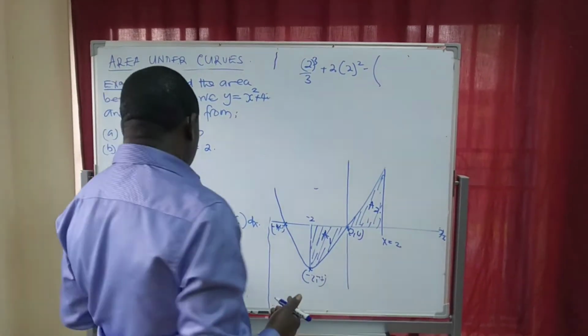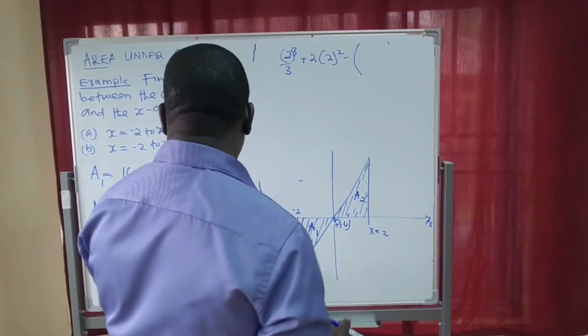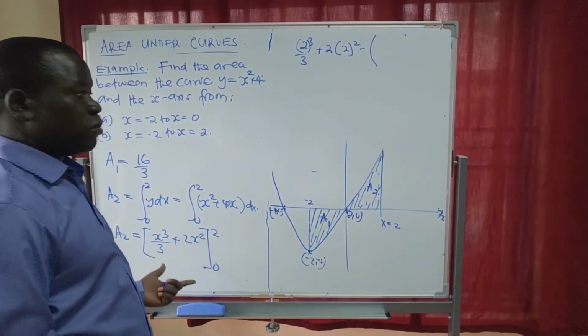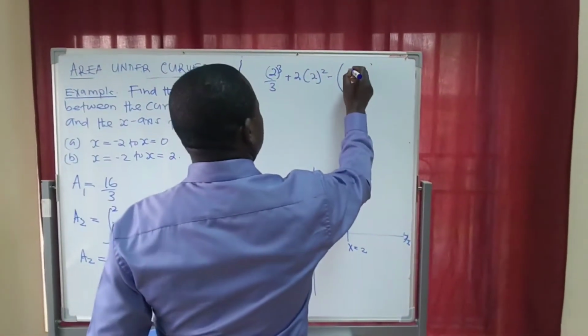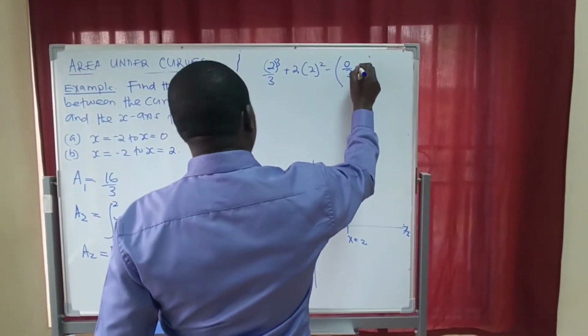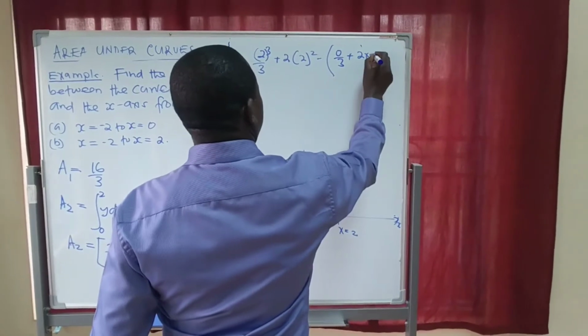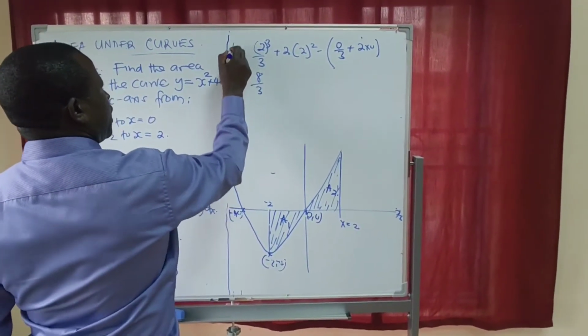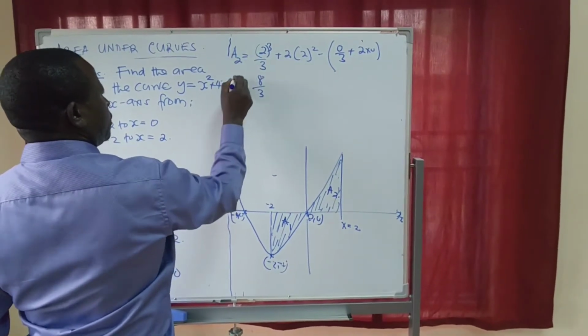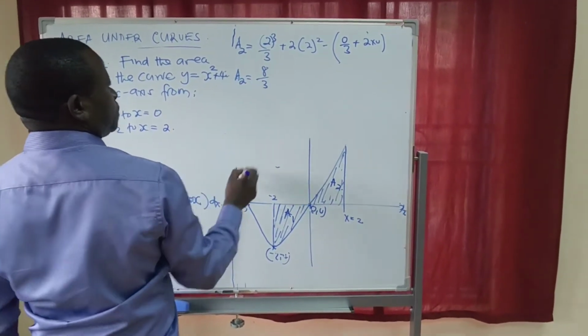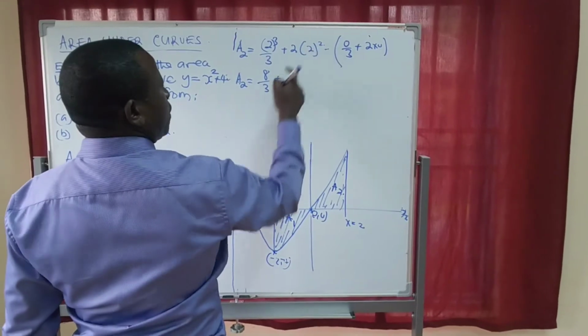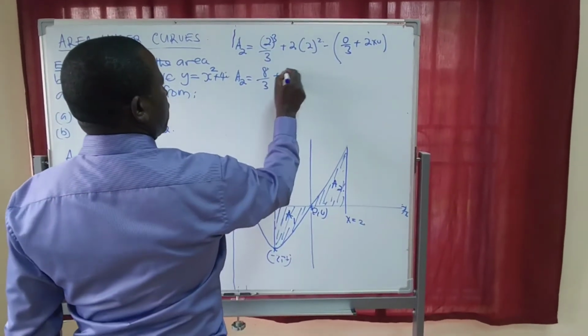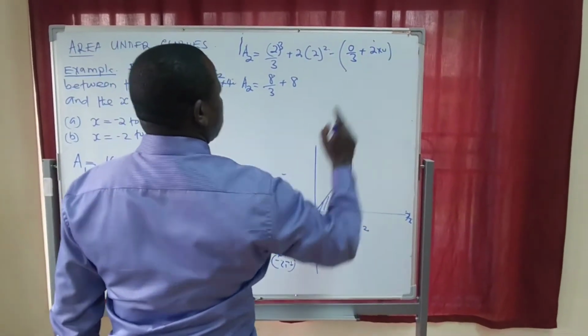So the lower limit is now 0. As you see, if I put 0 here, everything goes to 0, meaning I will have 0 over 3 plus 2 times 0 plus 0. So here becomes 8 over 3 plus 8 plus 8, minus 0.